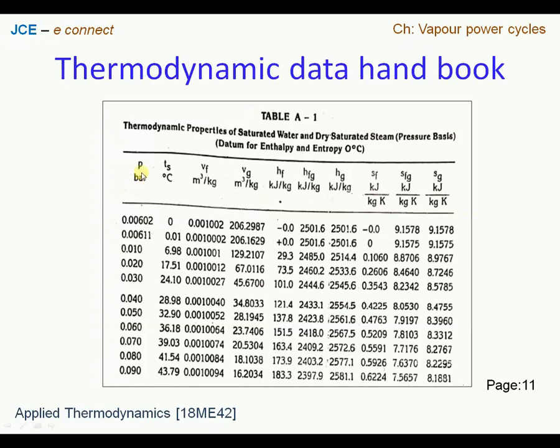We have pressure in the first column. In the second column we have saturation temperature in degrees Celsius. In the third column we have specific volume at the saturated liquid point, given in meter cube per kg, followed by specific volume at the gaseous point, that is, the dry saturated condition, in meter cube per kg.